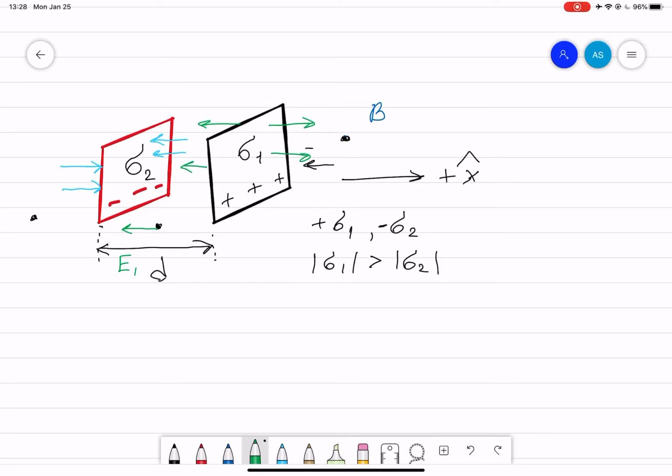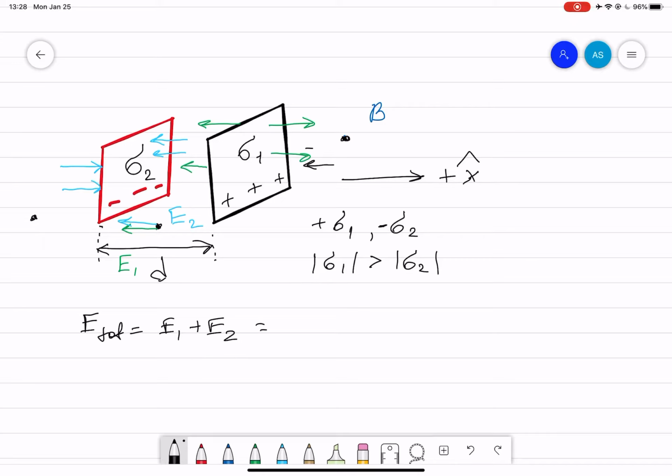What about the electric field at the midpoint for sigma 2? Again, it's going towards the left side, so I call this one E2. So E1 and E2 are both pointing to the left, and E total is equal to E1 plus E2.